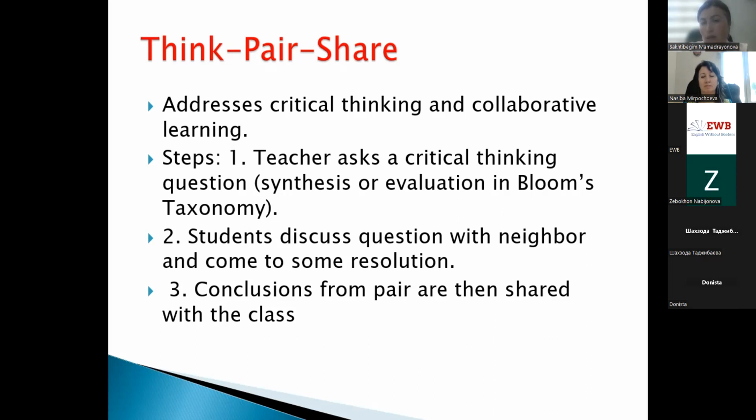When you give, for example, any kind of question or topic to students, first you brainstorm, you elicit the ideas according to Bloom's taxonomy: what do they know about any particular topic, and then what do they remember about that topic.